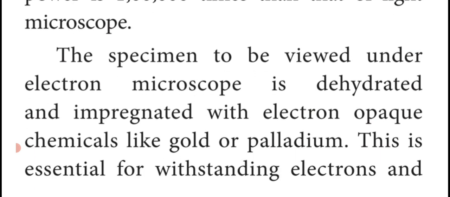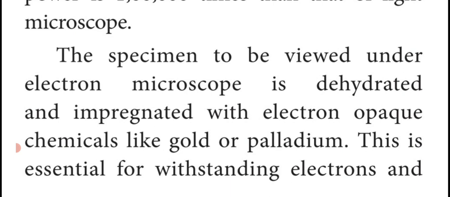The specimen which is placed under the electron microscope is dehydrated and also impregnated, that is coated with electron opaque chemicals like gold or palladium. So after the application of gold or palladium, we have to place the specimen under the electron microscope.